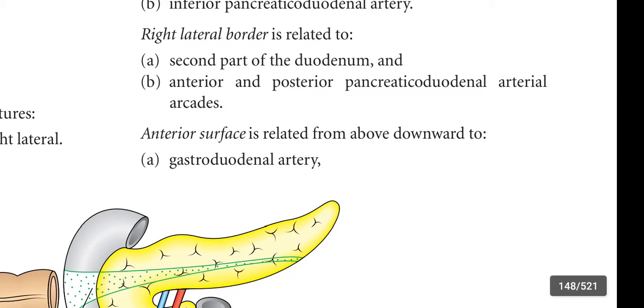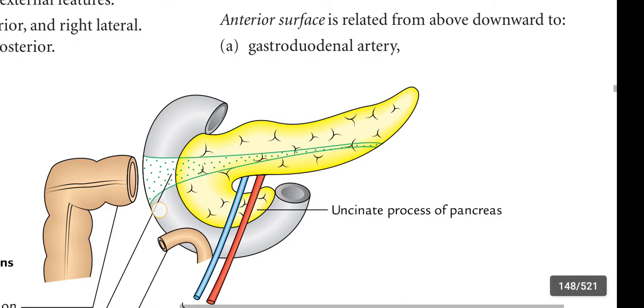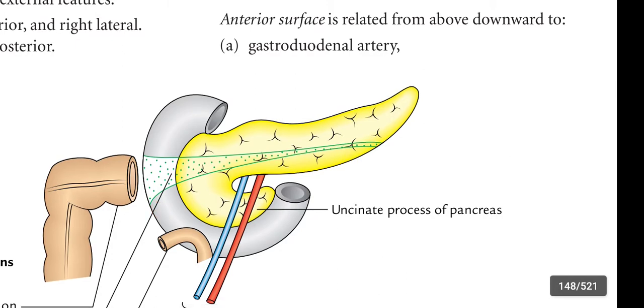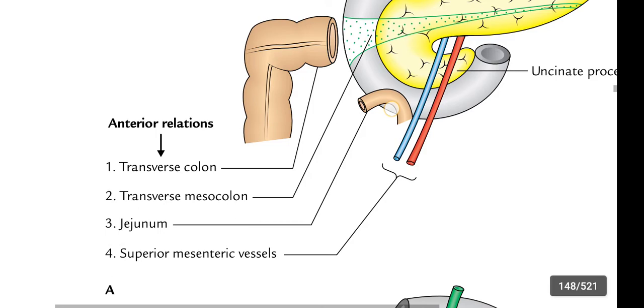The anterior surface is related from above downward. This is the anterior surface. First, the superior one is the gastroduodenal artery.